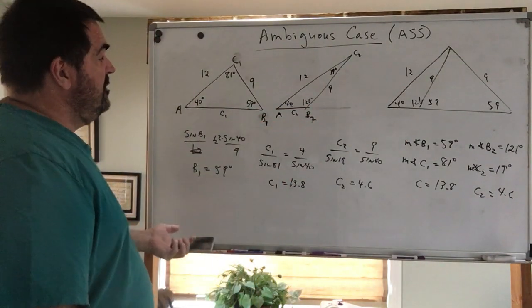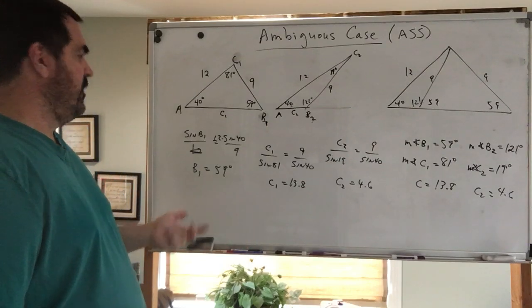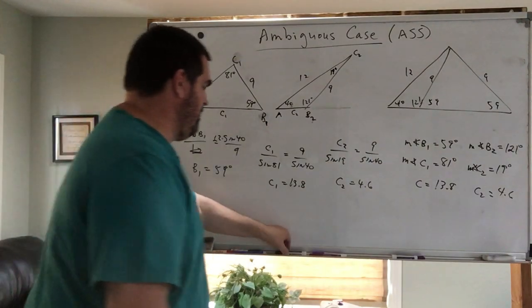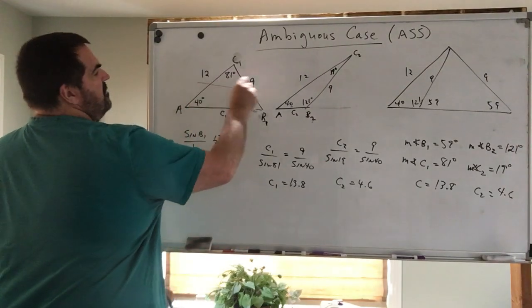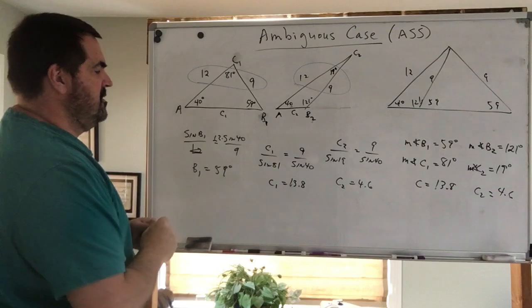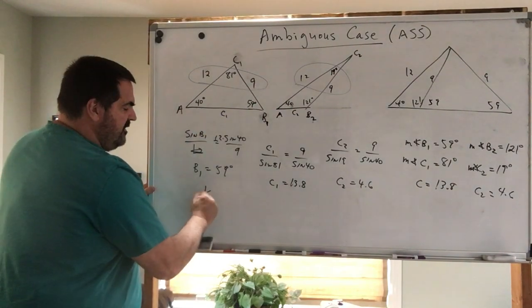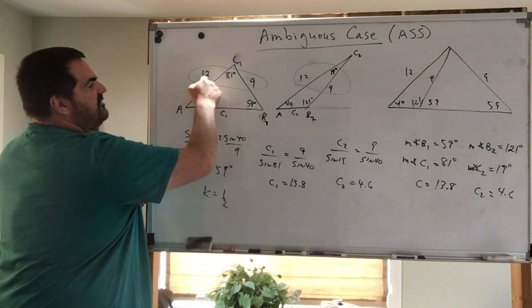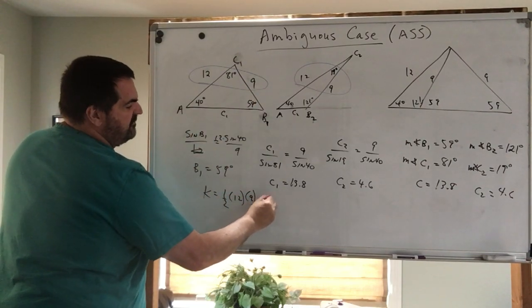All right, now, just to do a little review of area, remember I like the corner. So I think I'll highlight this corner right here. And I'll just do this corner for both. So this is a bigger triangle, this one. So the area is 1/2, remember, side times side, 12 times 9 times sine of 81.